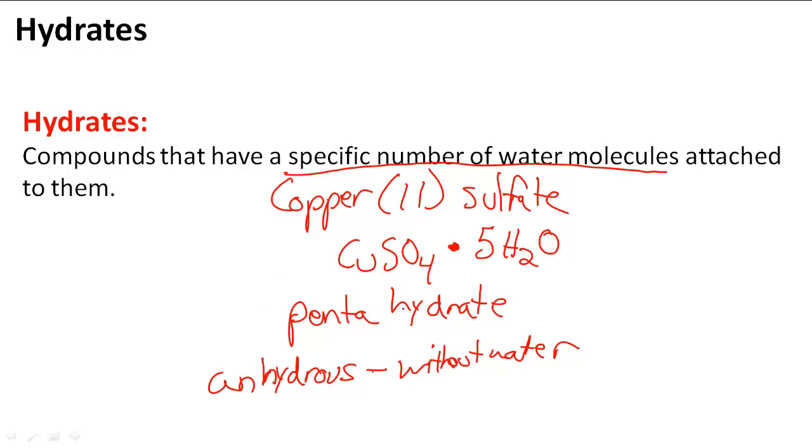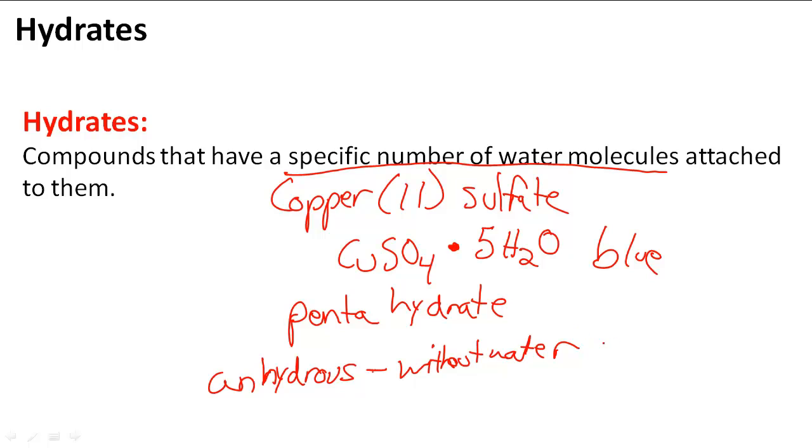It also has a name when those water molecules are not associated with it, and this is called anhydrous copper sulfate.